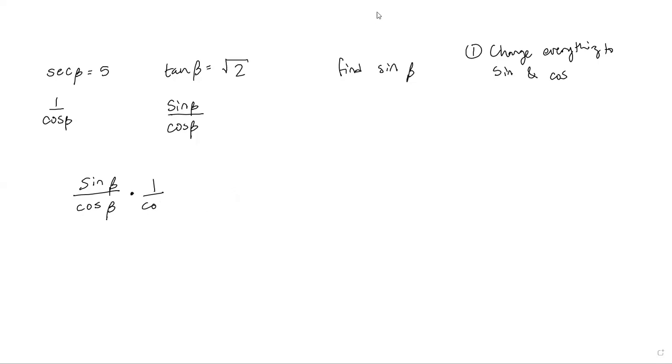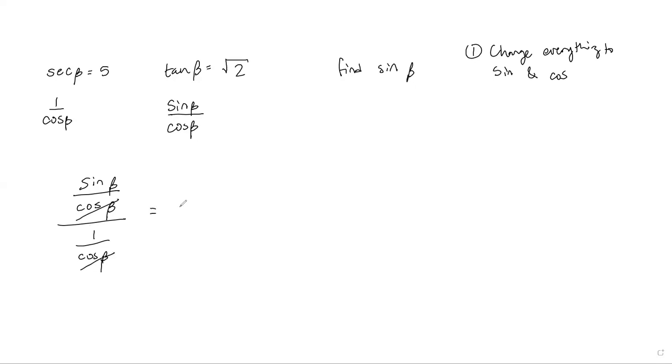So what we want is that sine beta. Let's do something else. We tried multiplying. Let's try dividing, so we're going to try dividing by 1 over cosine beta. Hey, look at that. Because we're dividing, these cancel out. Boom, boom.